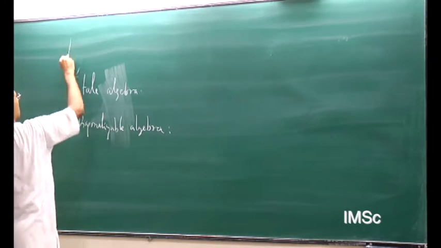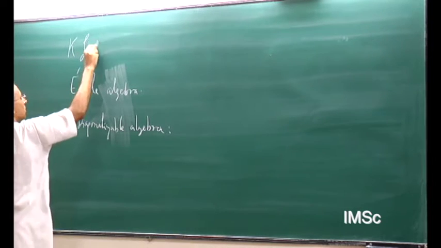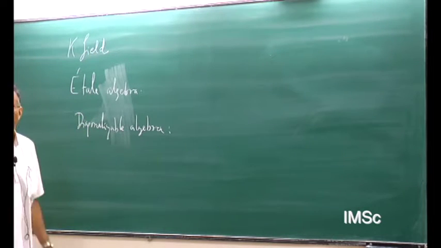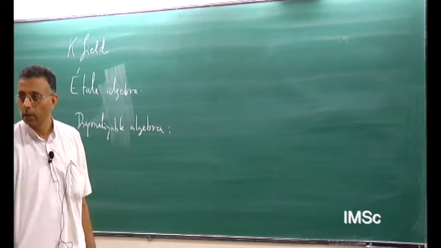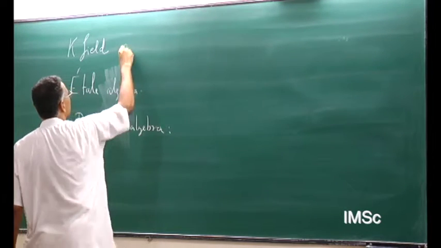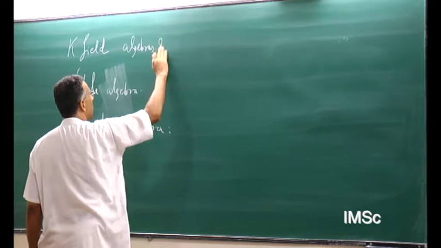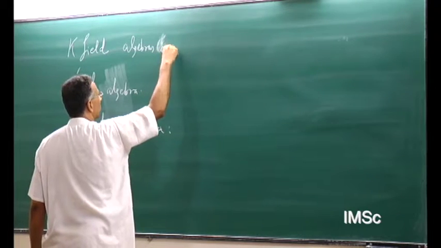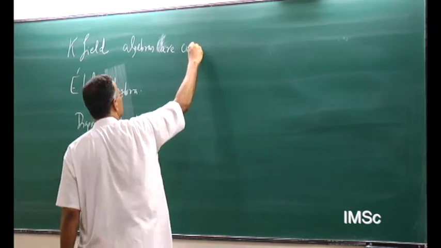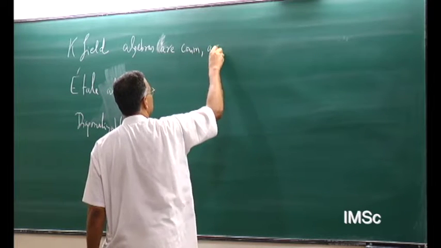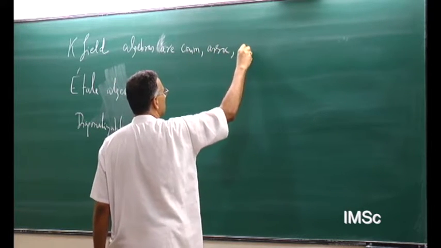So K is a field. Algebras are commutative, associative, unital.